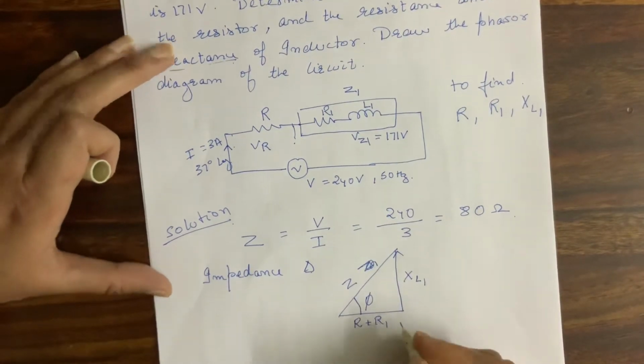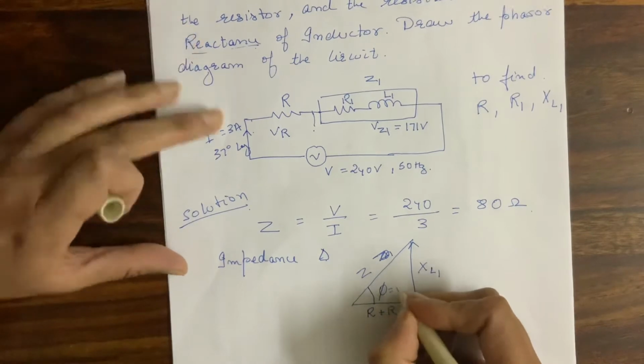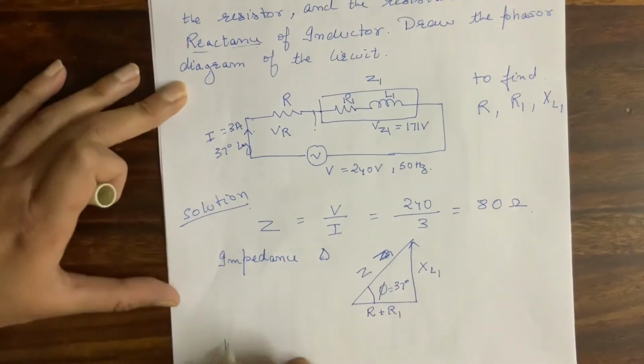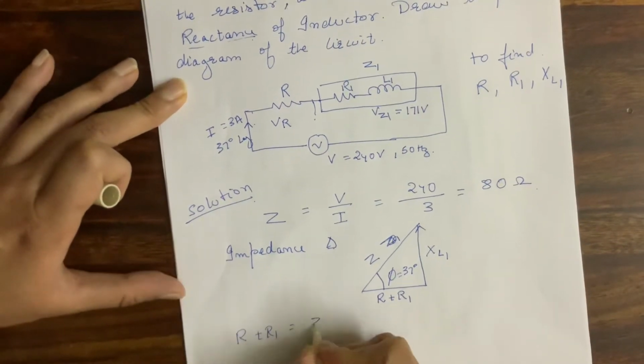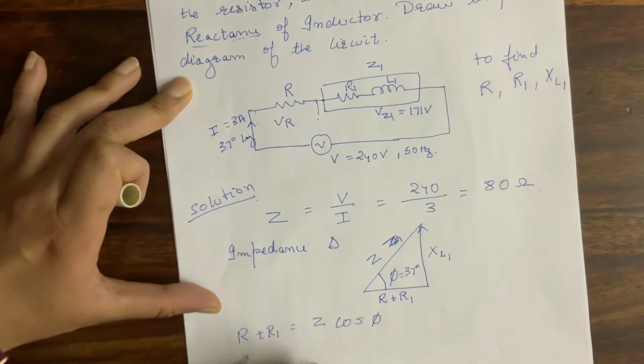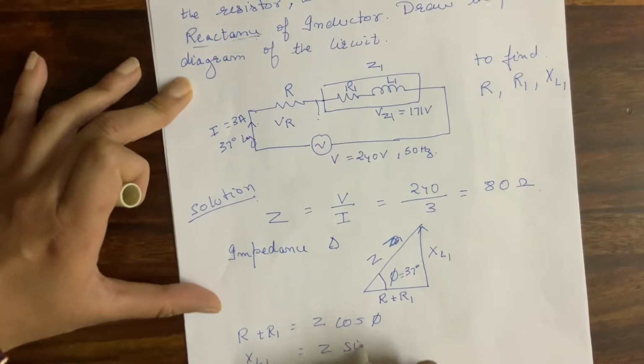So we know the phase angle is already given as 37 degree. Hence R plus R1 can be found as Z cos phi, and XL1 can be found as Z sin phi.